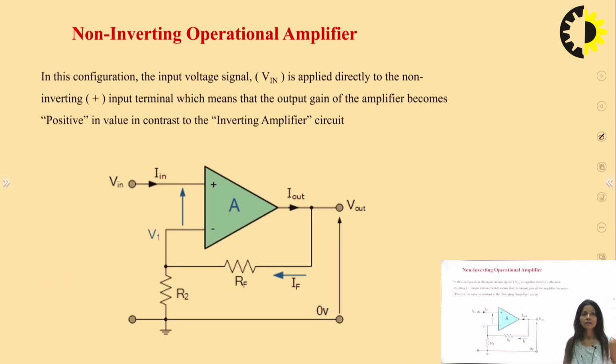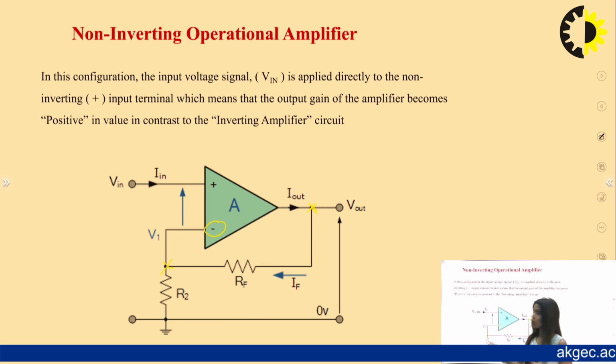Now here again we are at the non-inverting operational amplifier. Again I am telling you the method which I follow, and every time it will be the same. First of all I will check whether the output is connected to the negative terminal of the op-amp or not.